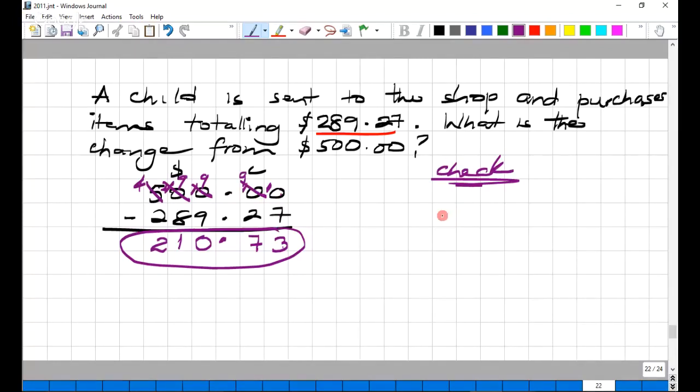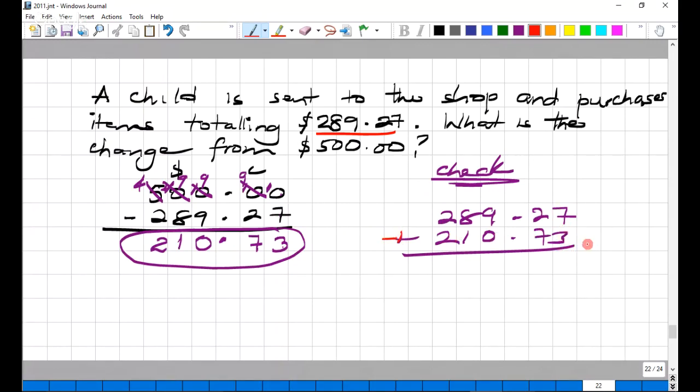So let's go with this. 289.27 plus 210.73. Let's add to see if we're going to get this. Dollars. So say that again for me. Sir, about $500. Okay, let's do it. Let's work it all together.